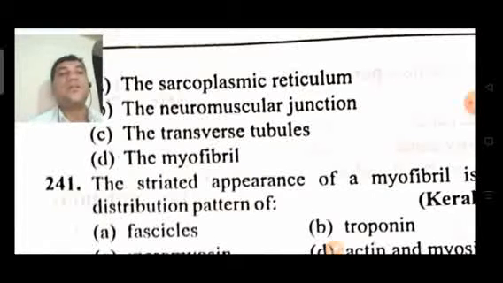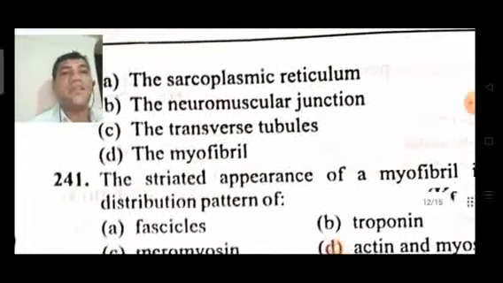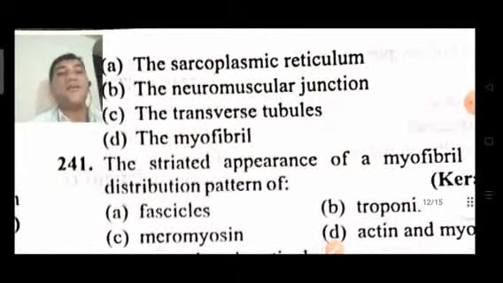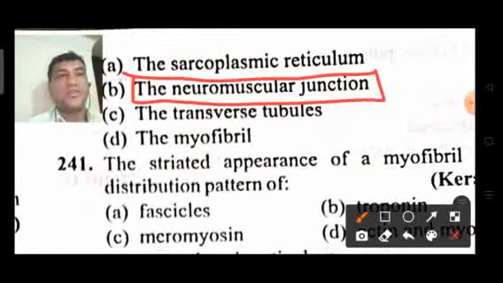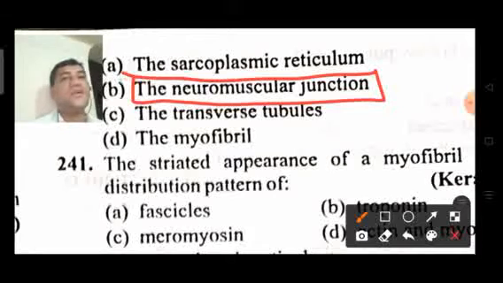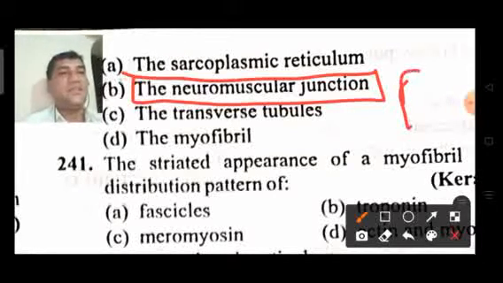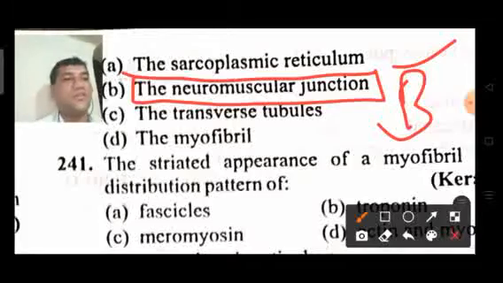The nerve impulse is transferred at the neuromuscular junction, or the neuromuscular plate, where the information is passed from the neuron to the muscle. So answer B is the option for this question.